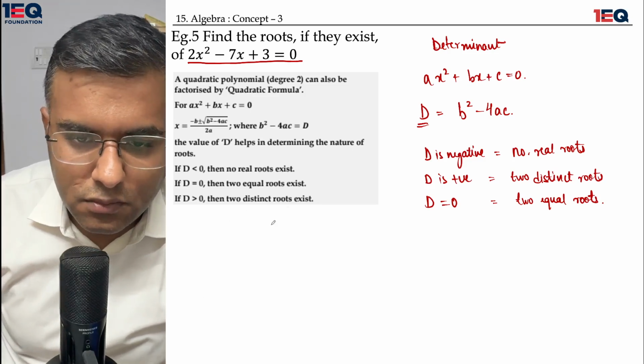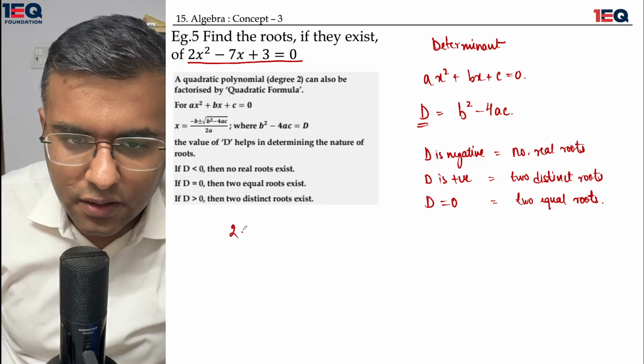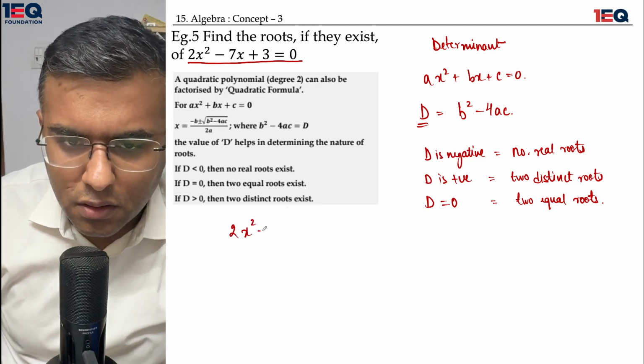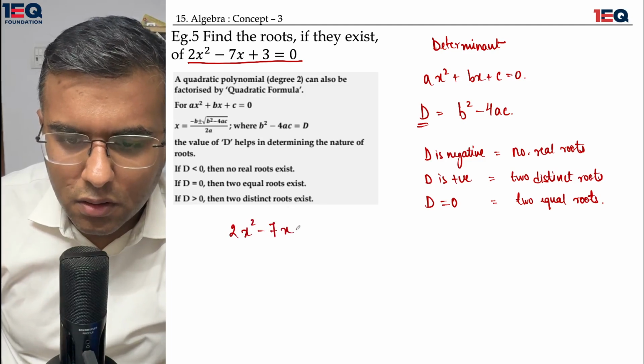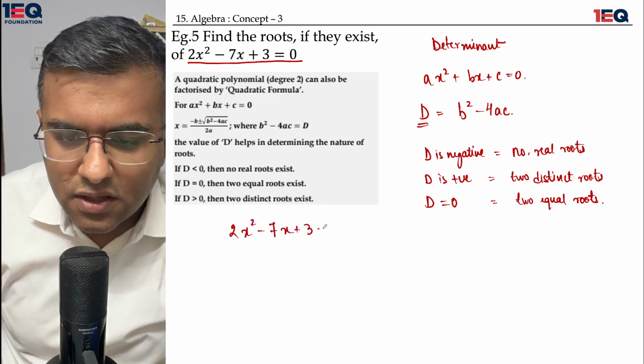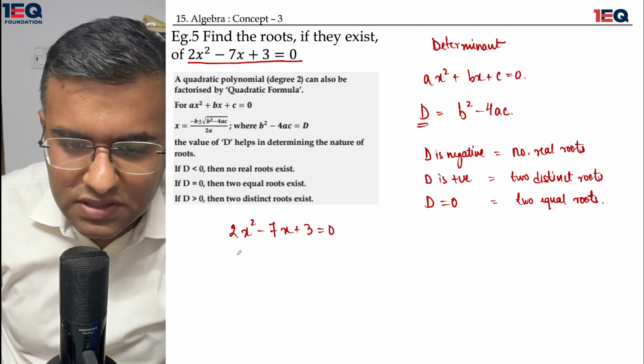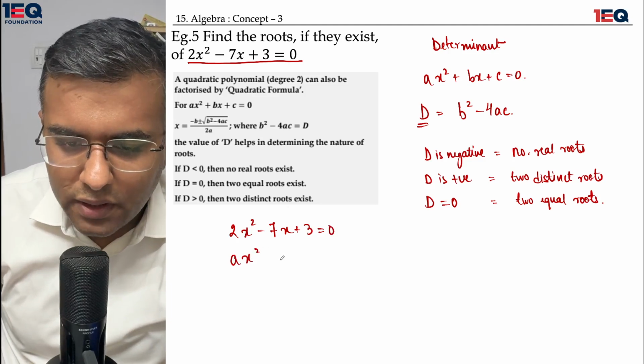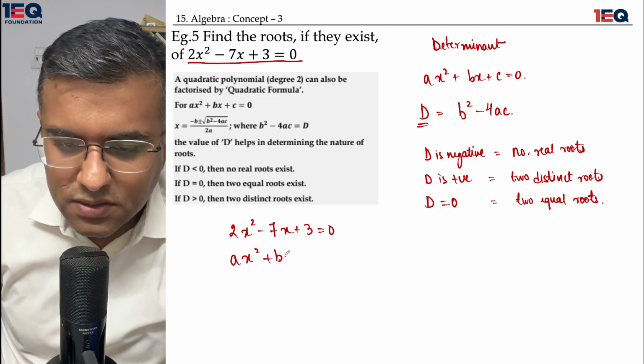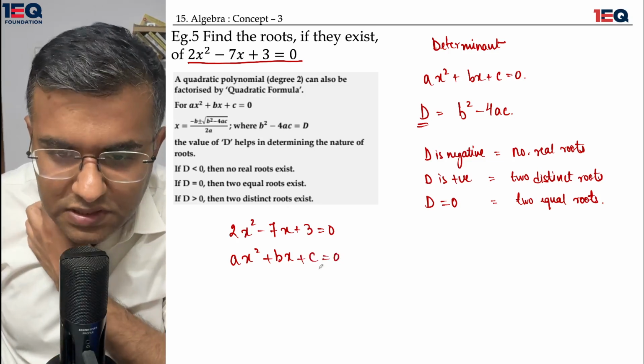Now let me compare it with the standard form. 2x square minus 7x plus 3 is equal to 0. The standard form talks about ax square plus bx plus c being equal to 0.